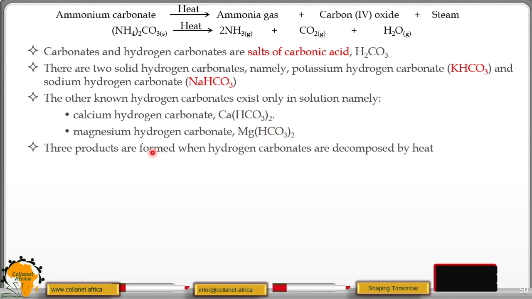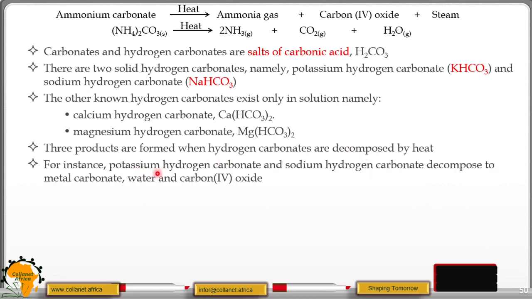Three products are formed whenever hydrogen carbonates are decomposed by heat. For instance, potassium hydrogen carbonate and sodium hydrogen carbonate decompose to give metal carbonate, water, and carbon 4 oxide. This metal carbonate cannot decompose further.